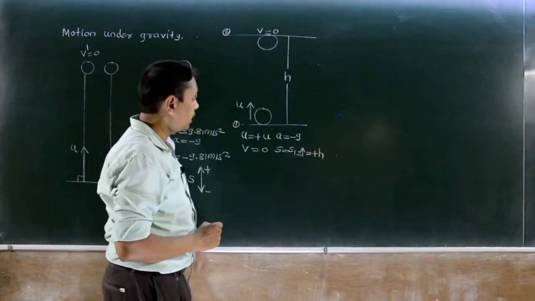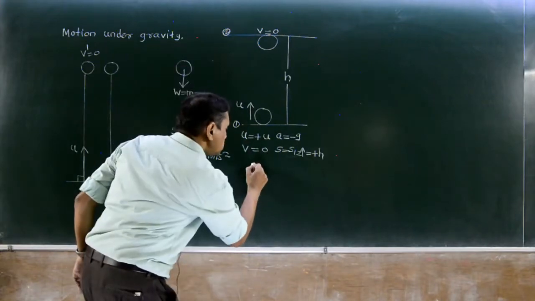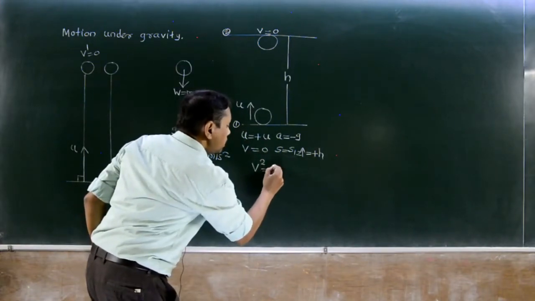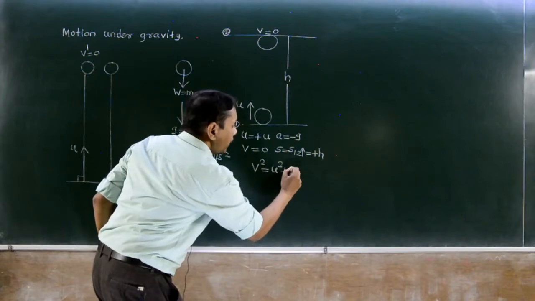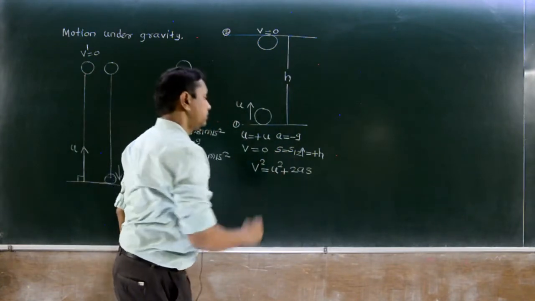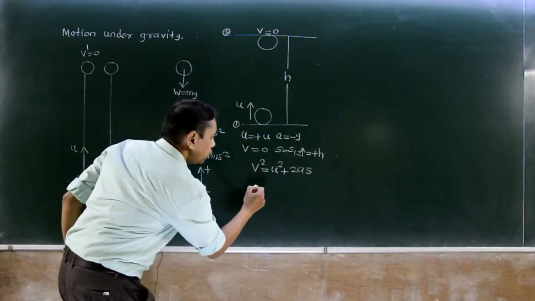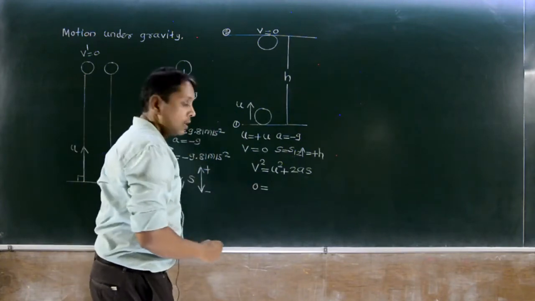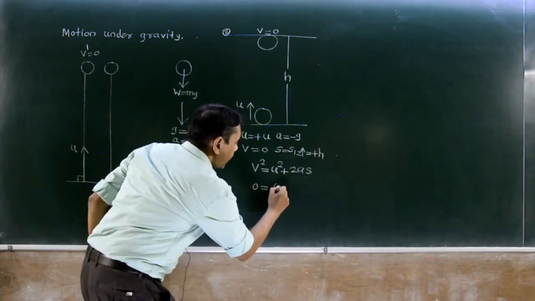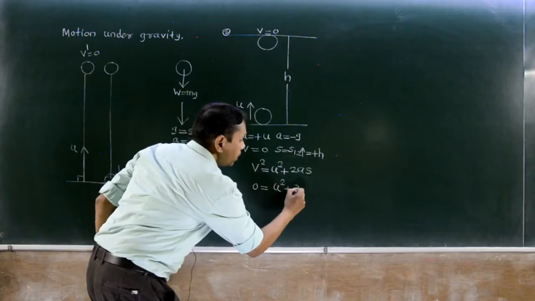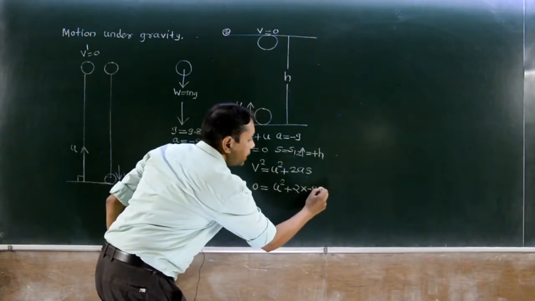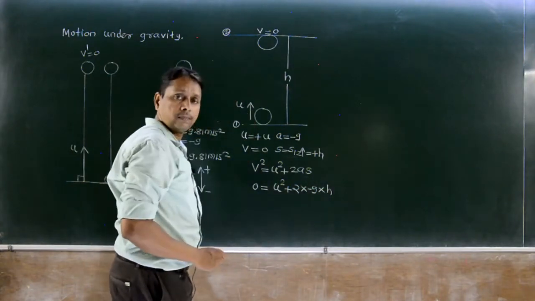Got it? For v square, which equation do we use? The third equation. It is 0 minus u square, which equals 2 into minus g into plus h.